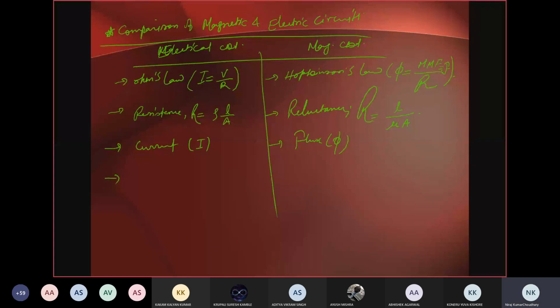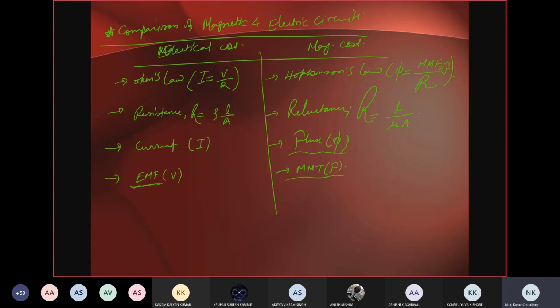Here, voltage as an EMF source makes current flow in the circuit. So there should be an mmf in order to make the flux flow through the magnetic circuit. So mmf is equivalent to emf in the electrical circuit and vice versa.